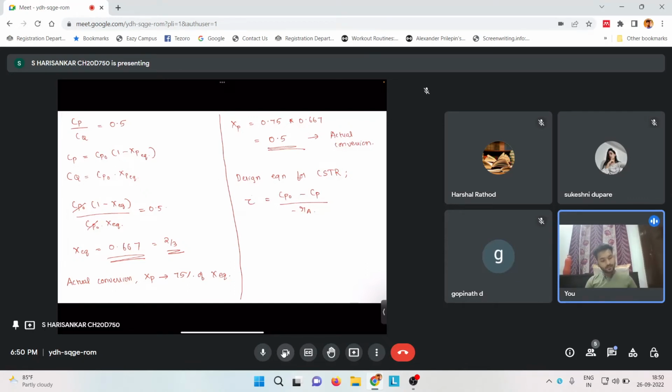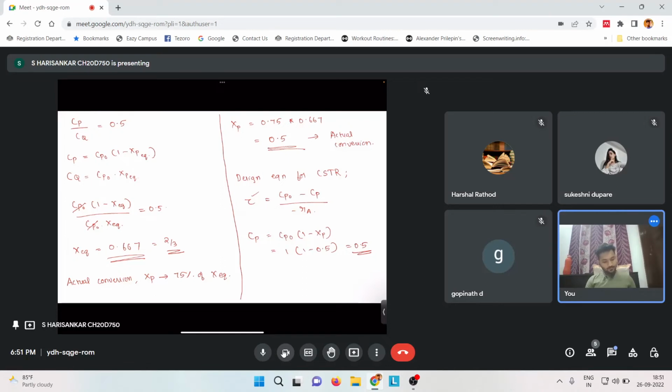We have the value for Cp0, and we can find the value for Cp, which is Cp0 into 1 minus Xp. So this is 1 into 1 minus 0.5, and that will be 0.5 because Cp0 has been given as 1. So Cp will be 0.5.